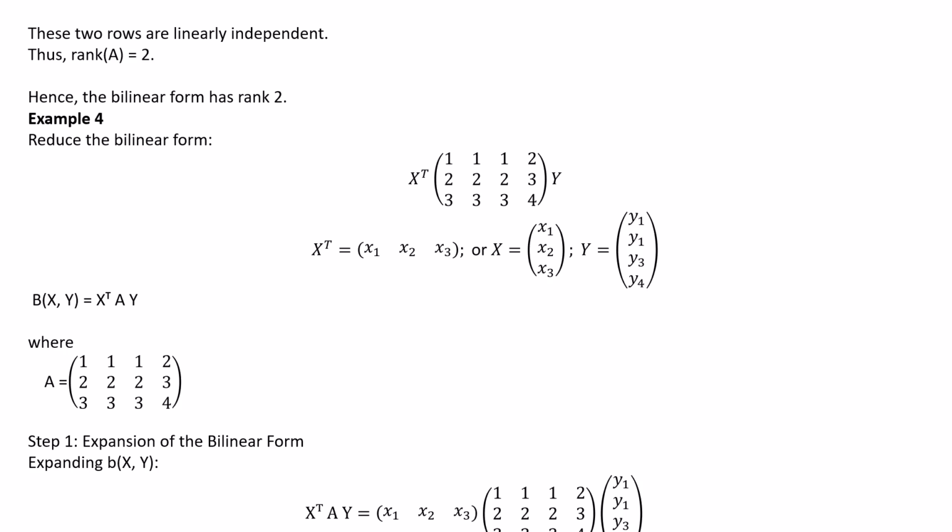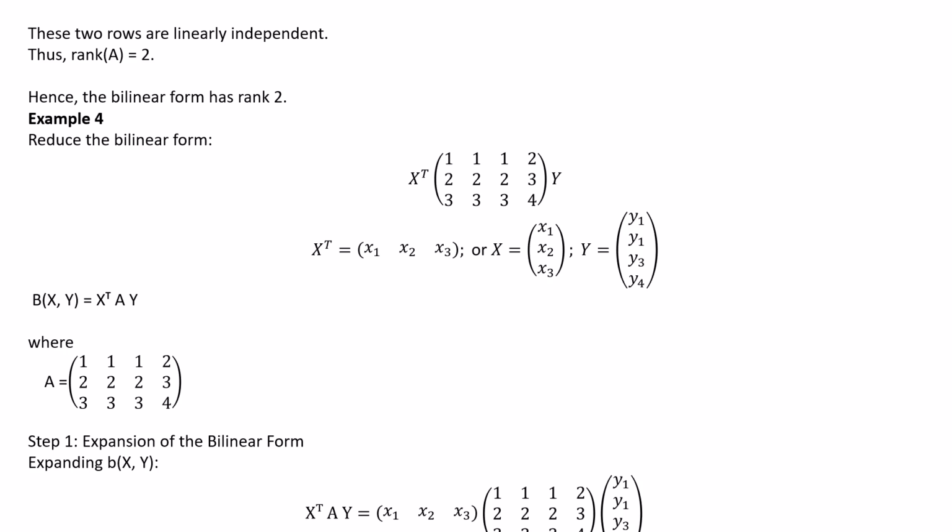So when you transpose your x from a column to a row, then you have your y, because we have 4 columns. So we have y1, y2, y3, y4. So where your A is given as 1, 1, 1, 2, 2, 2, 3, 3, 3, 3, 4.